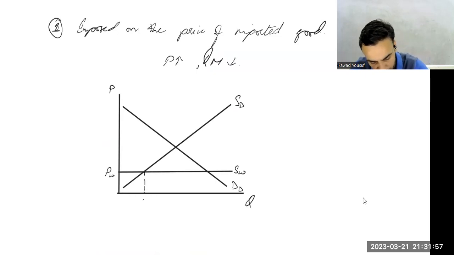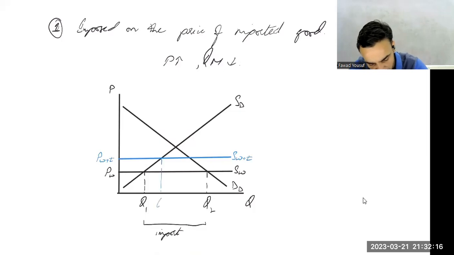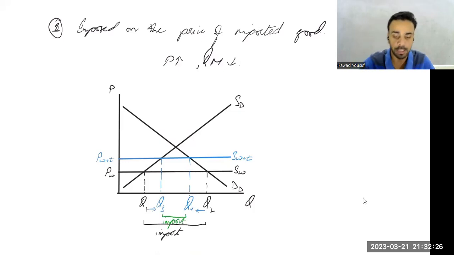World price के ऊपर जो है ये quantity supplied है, ये quantity demanded है. All of this quantity is getting imported. जब आप इस पे टैरिफ लगाते हैं तो ये ऊपर चला जाता है, तो world supply plus tariff looks like this, and the price becomes PW plus T. As a result, the quantity reduces, and you might be able to notice that now the import unit has fallen.